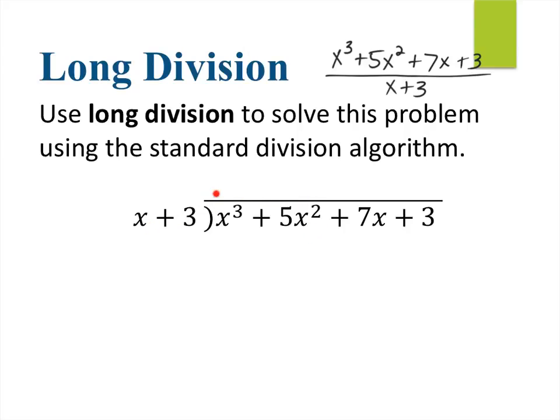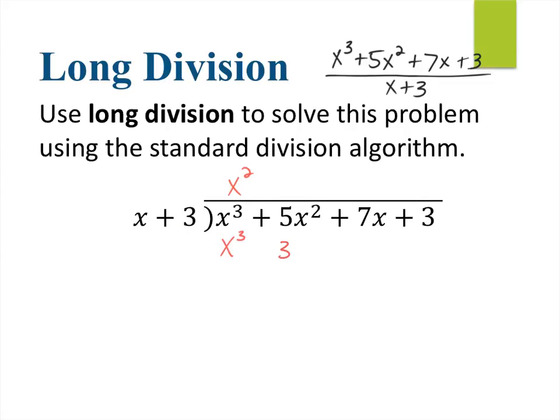Well, x times something is x cubed. Oh, I know. That's x squared. So x squared times x is x cubed, and x squared times 3 is 3x squared.